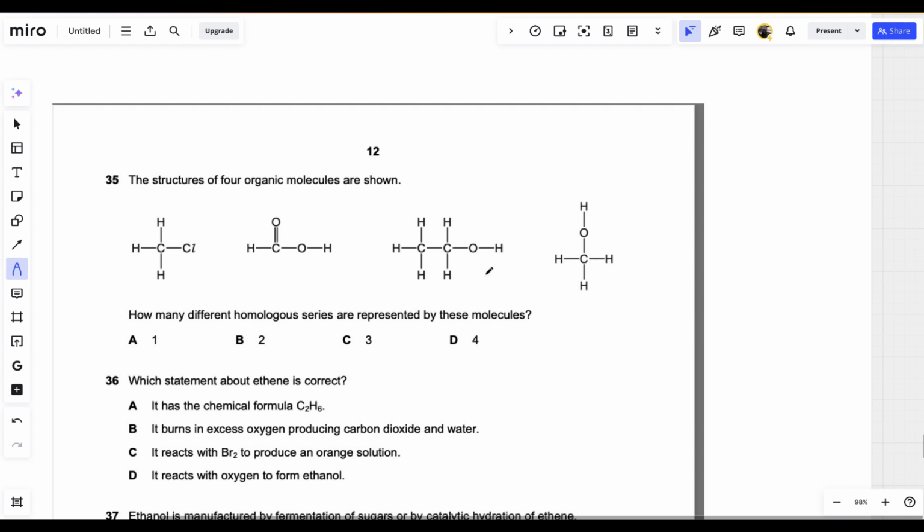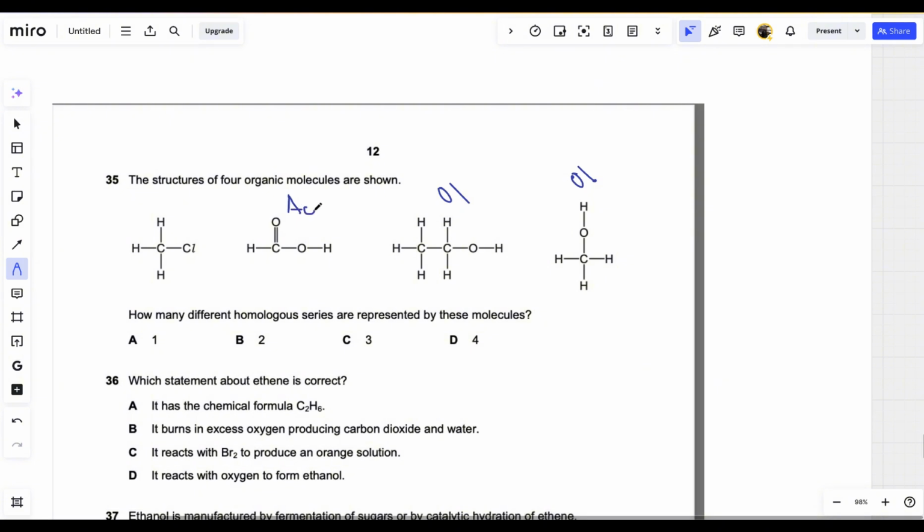How many different homologous series are represented by these molecules? This is ethanol, methanol. So it's the OH, the alcohol group. This is also alcohol. This is an acid, carboxylic acid.